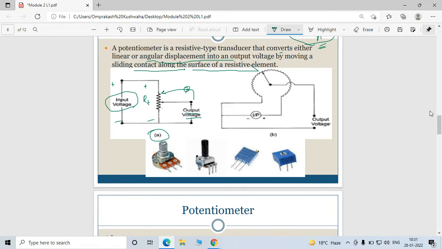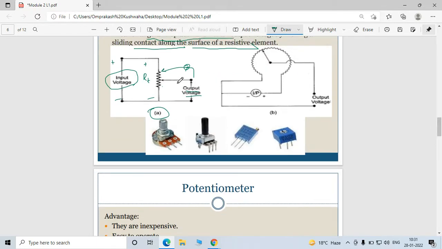With the help of this you can find out the sensitivity, right? So what is the sensitivity here? Sensitivity is nothing but the change in resistance with the change in displacement. When you change this sliding contact or wiper, the resistance value also changes.